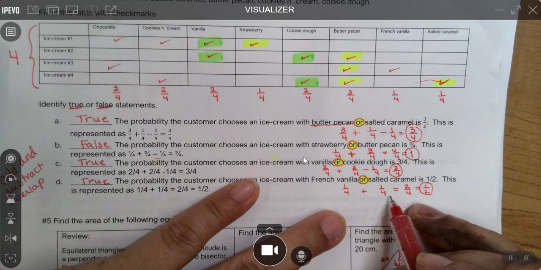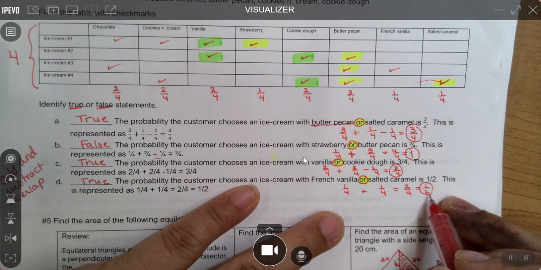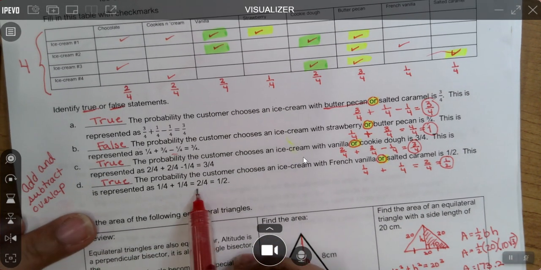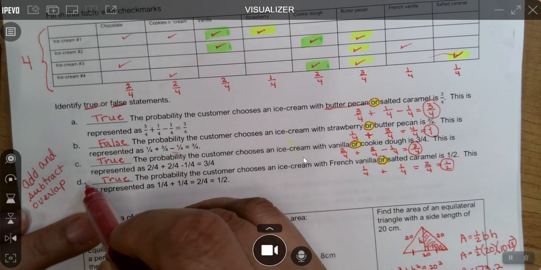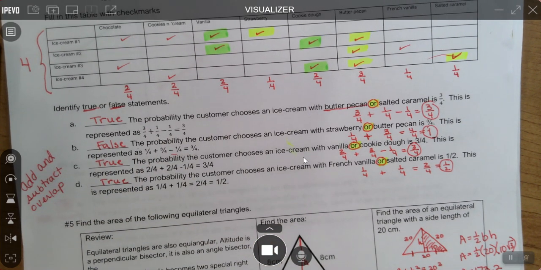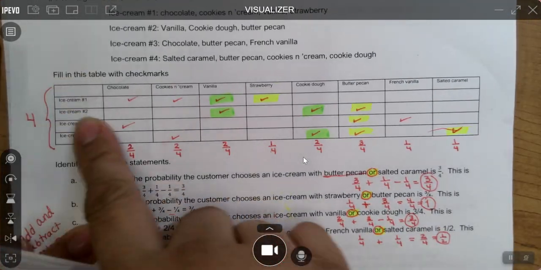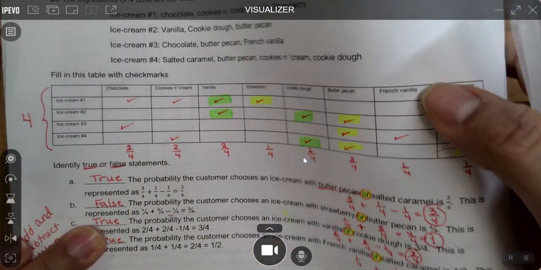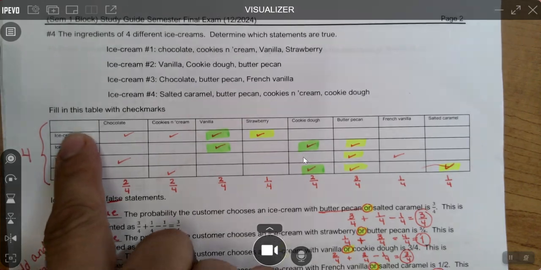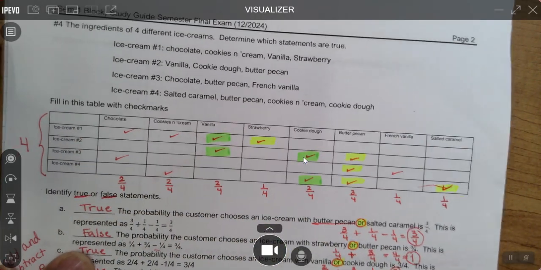So we don't need to subtract anything. 2 over 4 is equal to 1/2. And then we look at what they did, and it's true. All right, so please make sure that you know how to do or probability correctly. And remember, when this doesn't make sense, use a grid, okay?